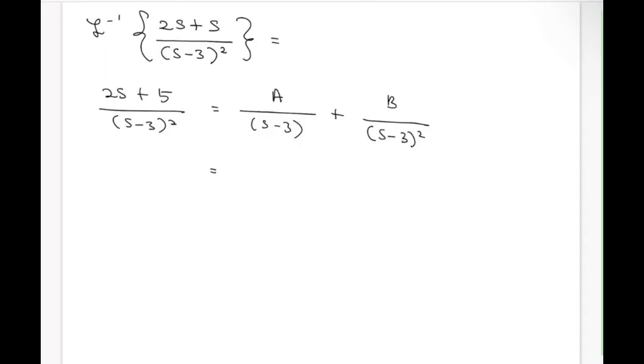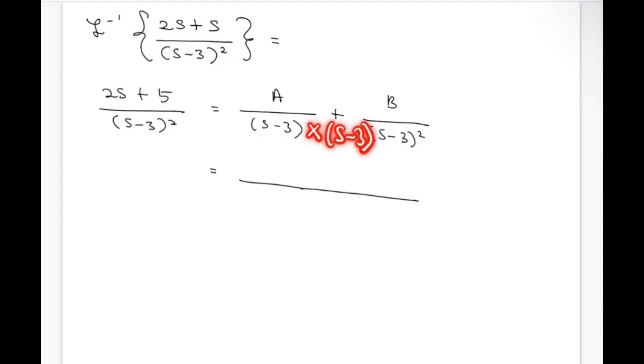Because here we have s minus 3, if we want to cross multiply, if we want to add these two fractions, this side we must multiply by s minus 3.